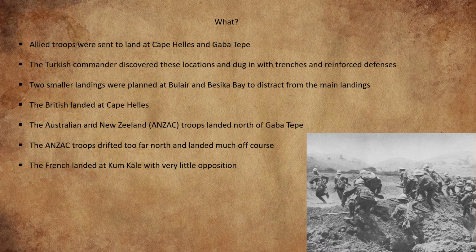They could not push out of that cove just because of the fact that there was high ground on both sides of the exit to that cove, which the Ottoman Empire took advantage of and stopped the troops from being able to force their way through. The French landed at Combe with very little opposition, which allowed them to push further and attempt to meet up with the troops of the other countries.